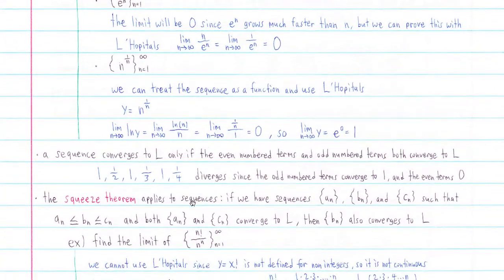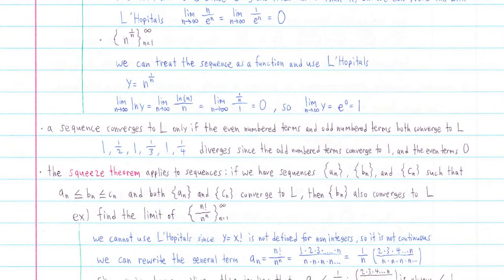And a sequence only converges to a limit if the even number terms and the odd number terms both converge to the same limit. So over here we can see that the odd number terms, the first term, the third term, and the fifth term, they seem to converge to 1, while the even number terms, 2, 4, and 6, seem to converge to 0 because they keep getting smaller.